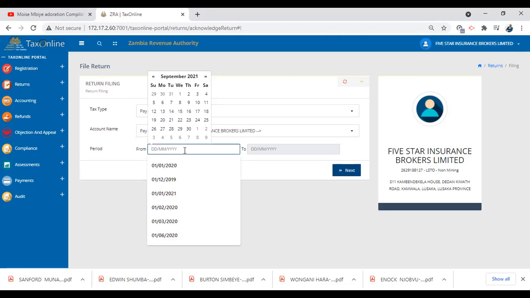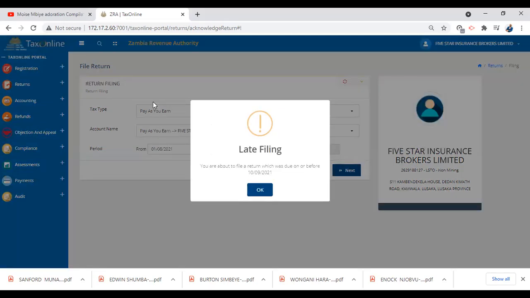And now you have to select the period. Because this is September, you're supposed to file within 14 days of the month that follows the month of transactions. So in this case, the month that we are talking about is August. So you select August.